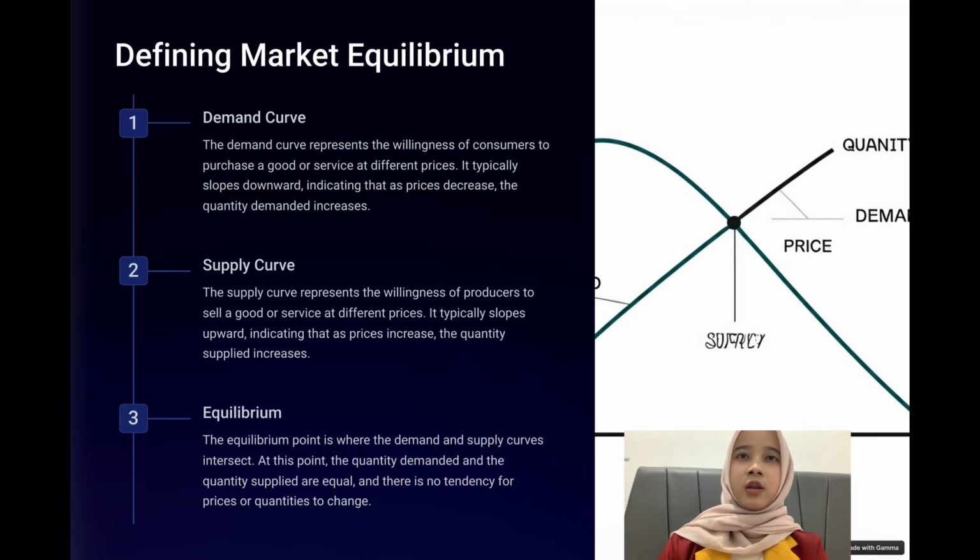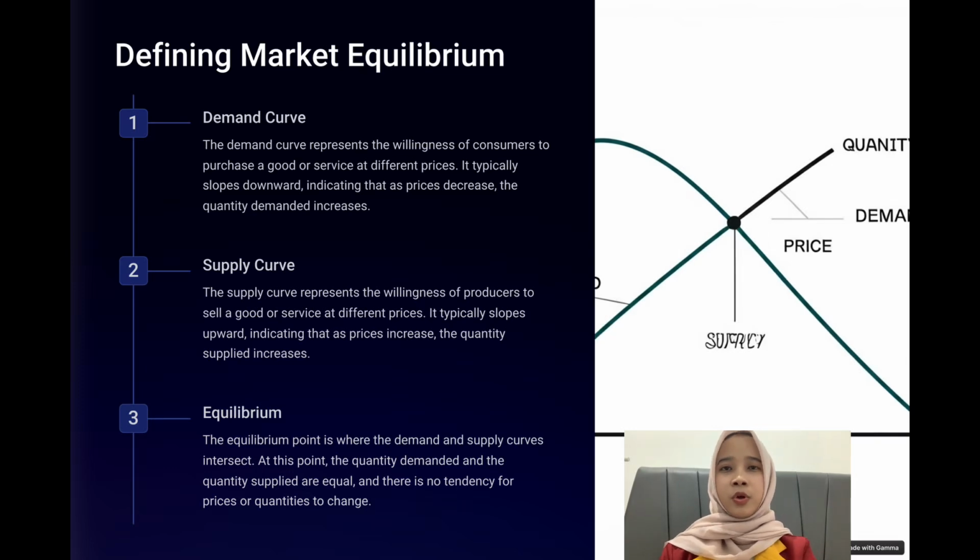Supply curve. The supply curve represents the willingness of producers to sell a good or service at different prices. It typically slopes upward, indicating that as price increases, the quantity supplied increases.